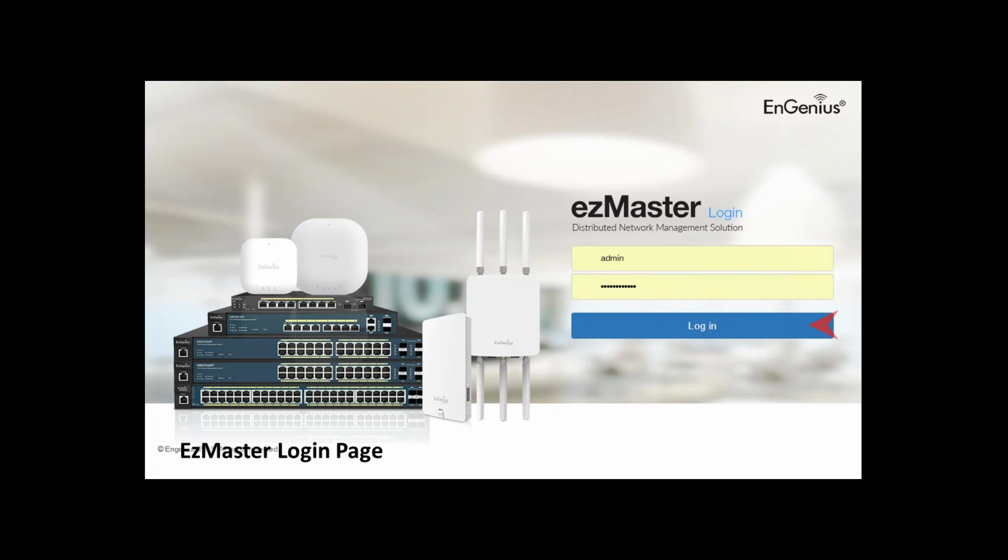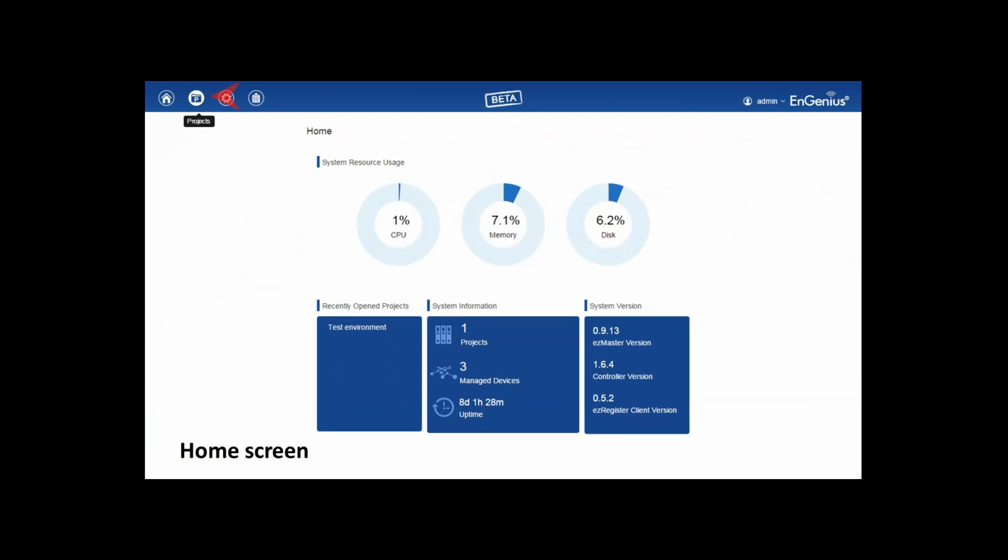So this is the login page. Looks very cool. And if you log in, let's see if I can do this here. Okay. This is the home screen that you see. And there is already some small information here. The main thing I want to show you is that in the first layer, the ezMaster has a project layer.